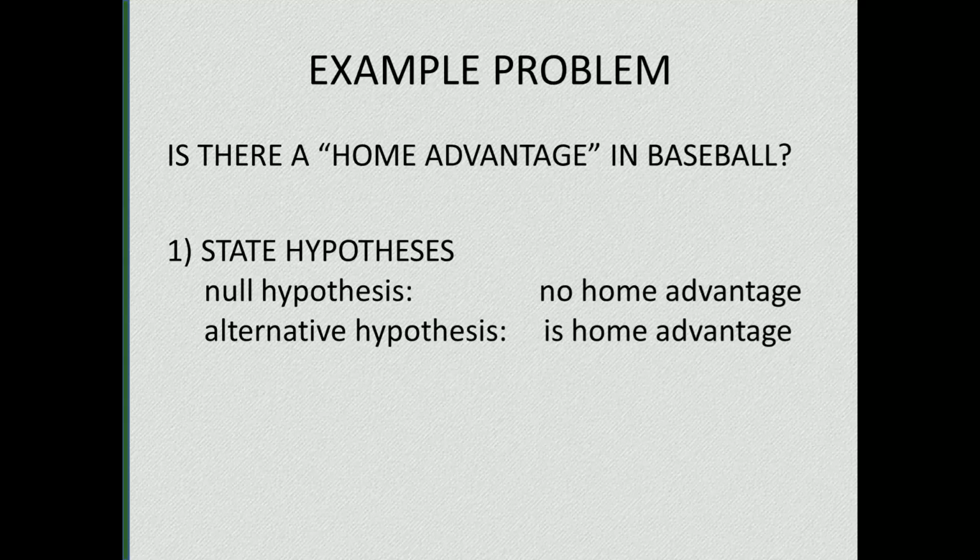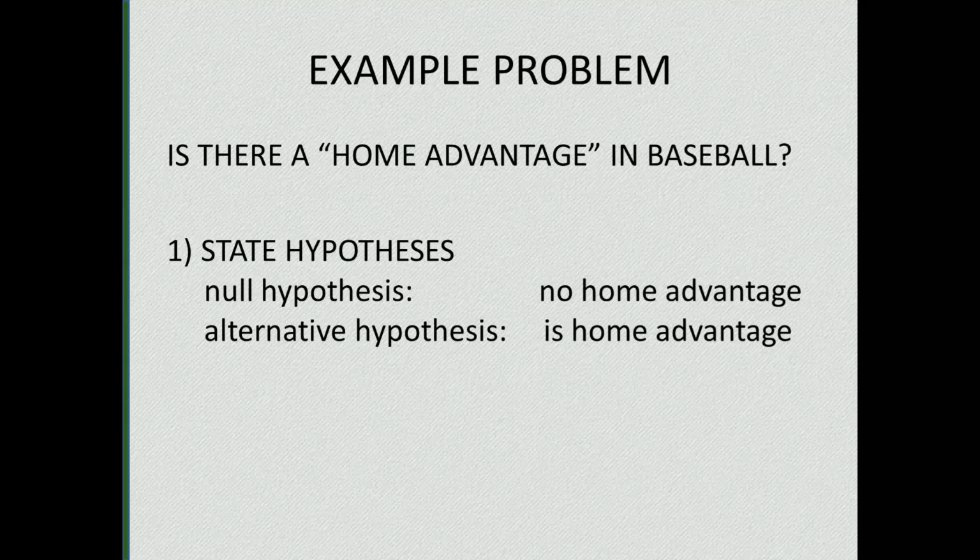Once we've stated our hypotheses, we need to quantify them. What does it mean for the home team to have an advantage? Well, we could quantify this in several ways. Maybe we're saying that the home team scores more runs than the visiting team on average.